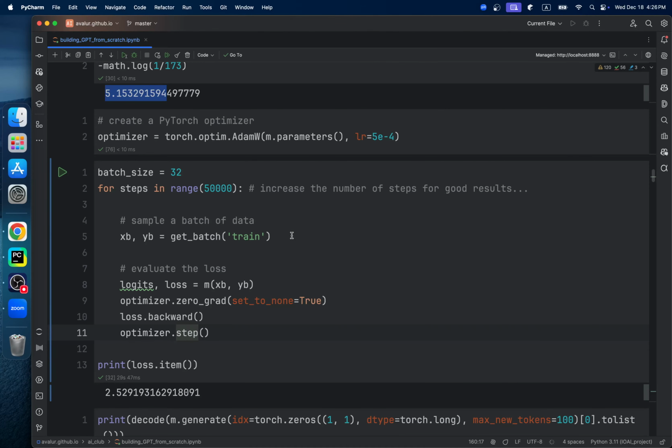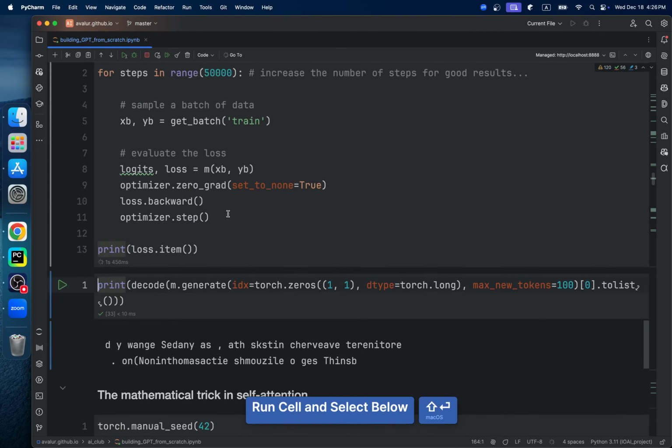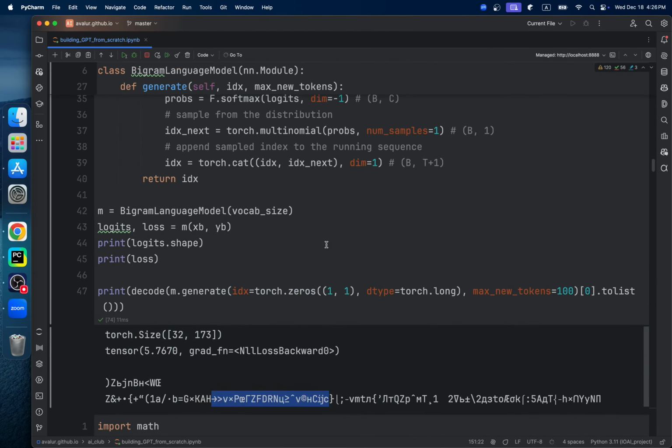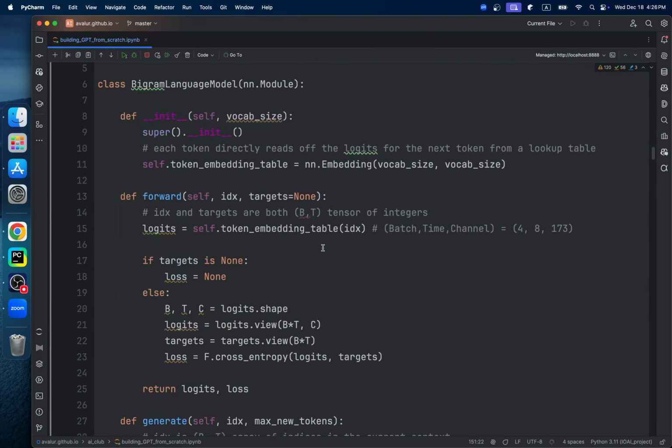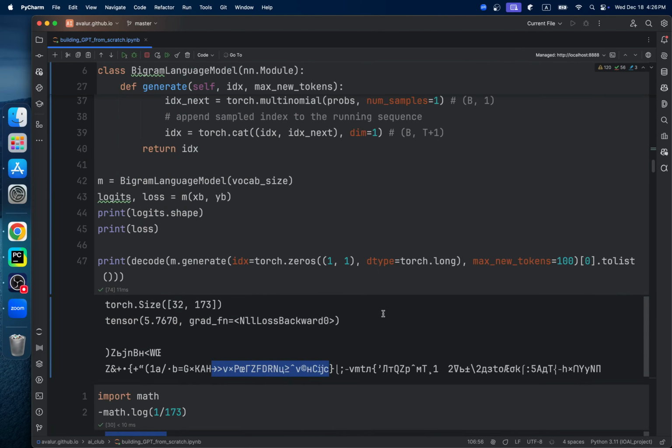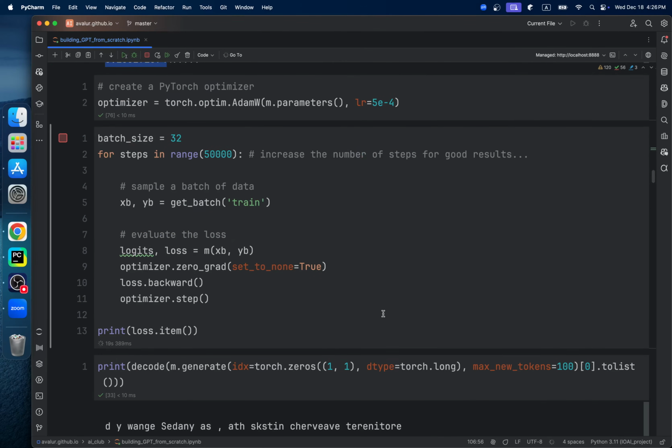So here for the simple bigram model we have only one two-dimensional tensor of parameters. And then we train it. You see here 50,000 steps, but the model is very simple. It has actually not so many parameters. This is all the parameters, lookup size squared. Let's wait for, I don't know, 10 seconds to see the final loss.